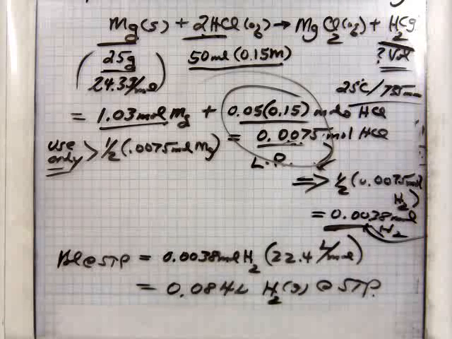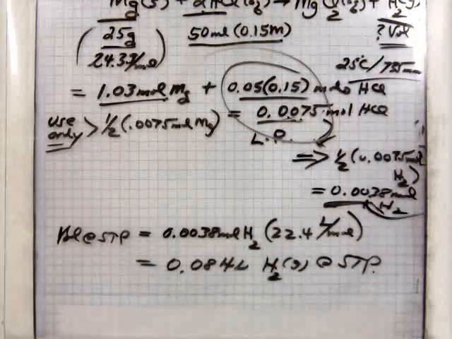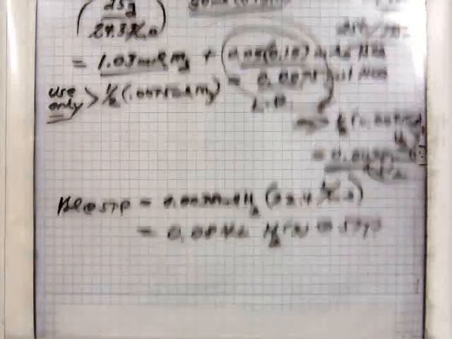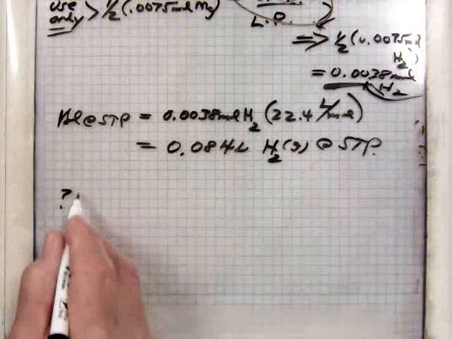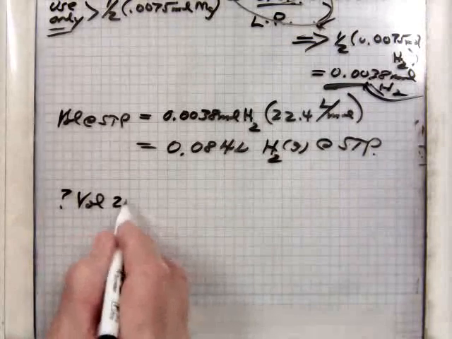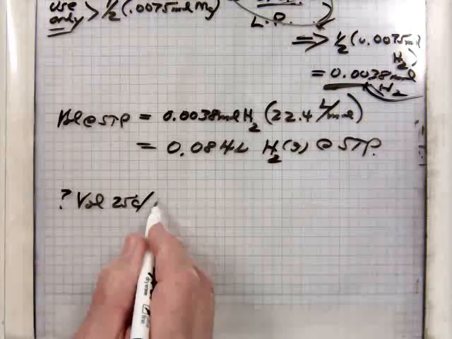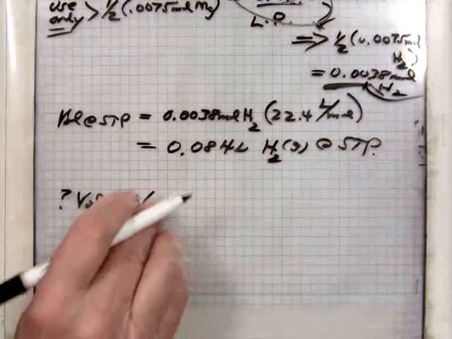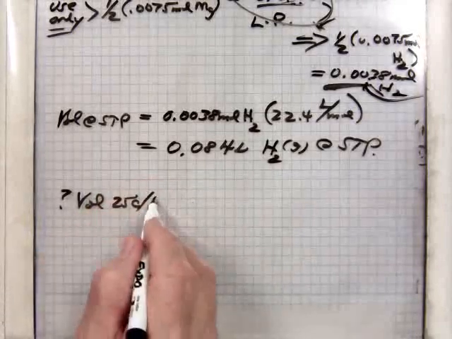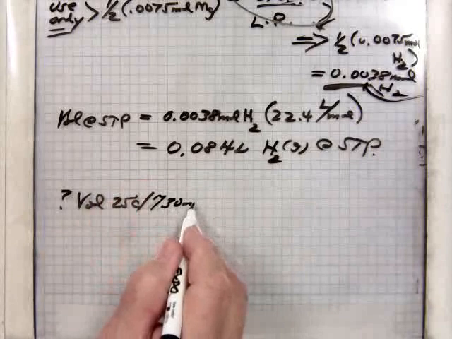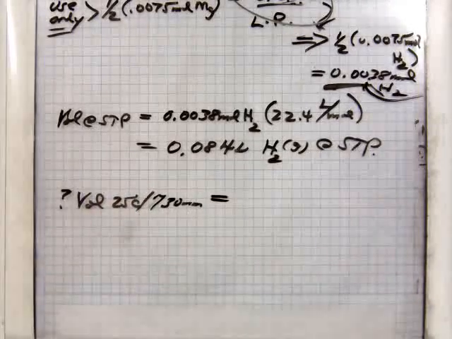Now, we need to convert that to 25 and 730. Okay, what volume at 25 degrees C and 730 millimeters does this represent out of that?